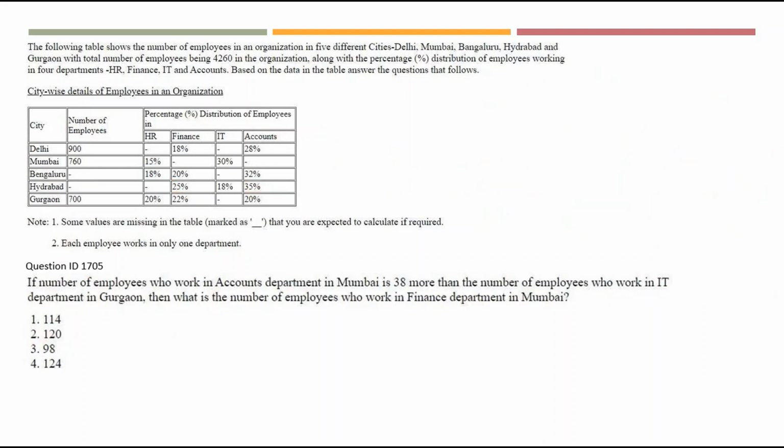Next question, if the number of employees who work in accounts department in Mumbai is 38 more than the number of employees who work in IT department in Gurgaon, then what is the number of employees who work in finance department in Mumbai? Already from question 1701 we have found Gurgaon's IT department employee count will be 266.